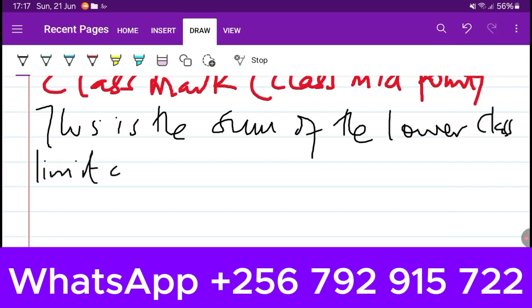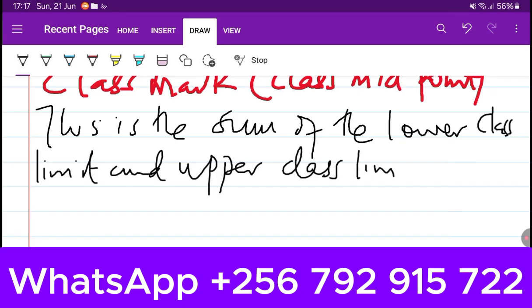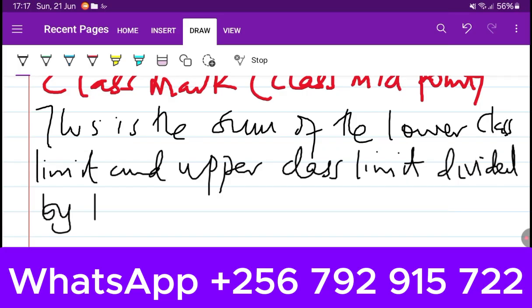The lower class limit and upper class limit divided by 2. We divide by 2 because there are two numbers. We add the lower and the upper, then we divide by 2.